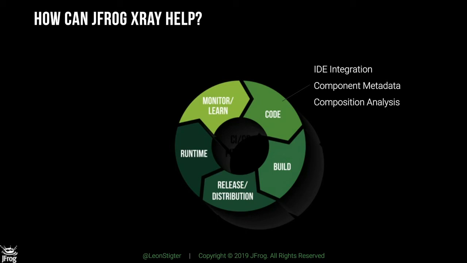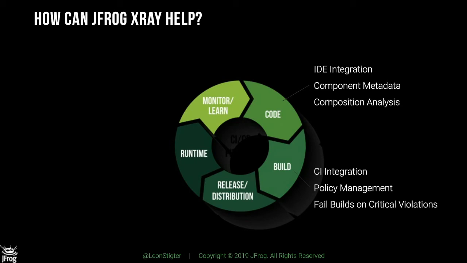We just launched the integration for Eclipse, where you can have integration with Xray. So from within your IDE, developers can now see whether or not it is safe to use or allowed to use a certain package. Then from within the build, there's CI integration, policy management, and failing builds on critical violations.